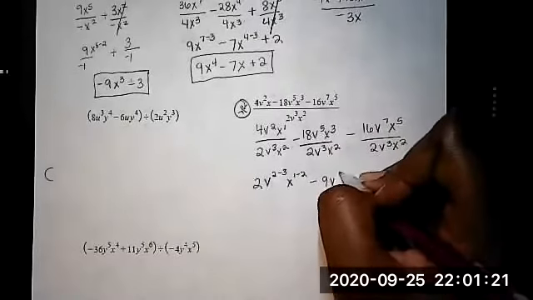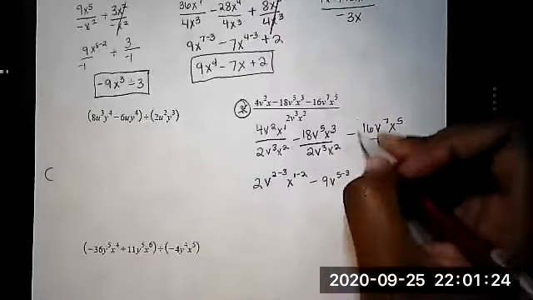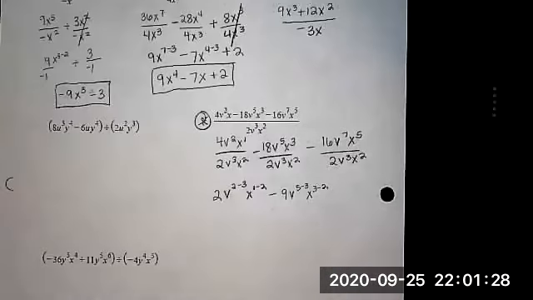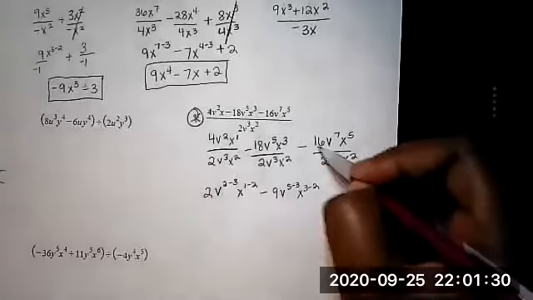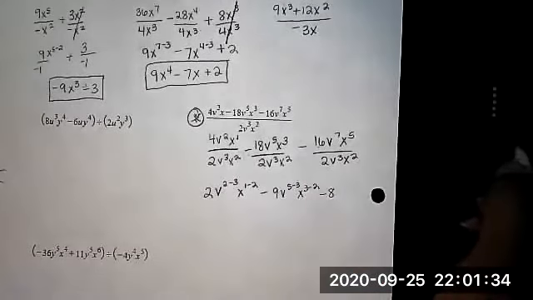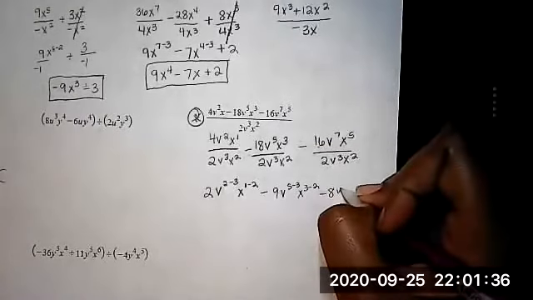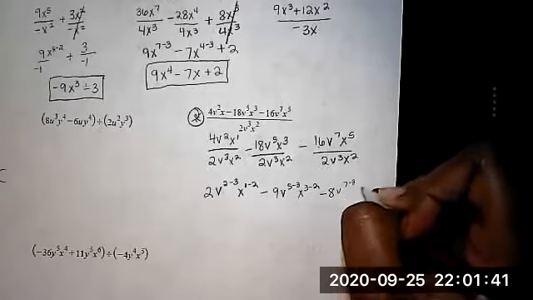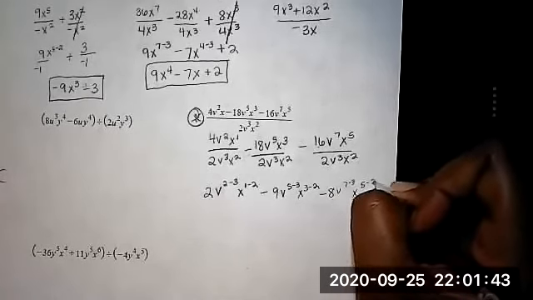Again, b to the 5 minus 3, x cubed minus 2, and this is just because I want to be consistent. 16 divided by 2 is 8. I'm keeping these signs in between. b to the 7 minus 3, and x to the 5th minus 2.